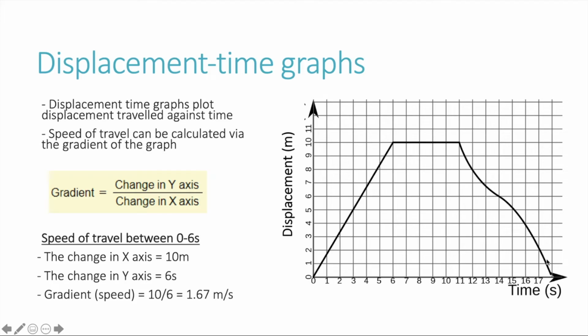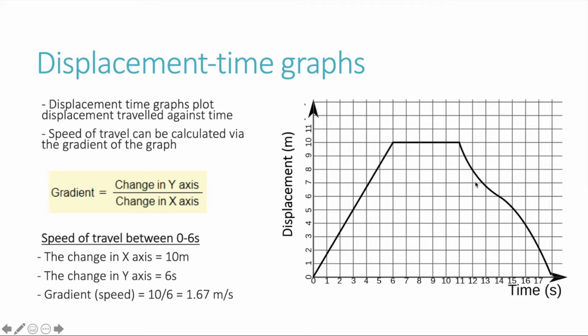What that means is the velocity is not constant, right? Because the gradient of each particular region of this wiggly line is going to be different because, again, it's not a straight line. So when you see that the line is not straight, you can tell that the object is not moving at a constant pace.